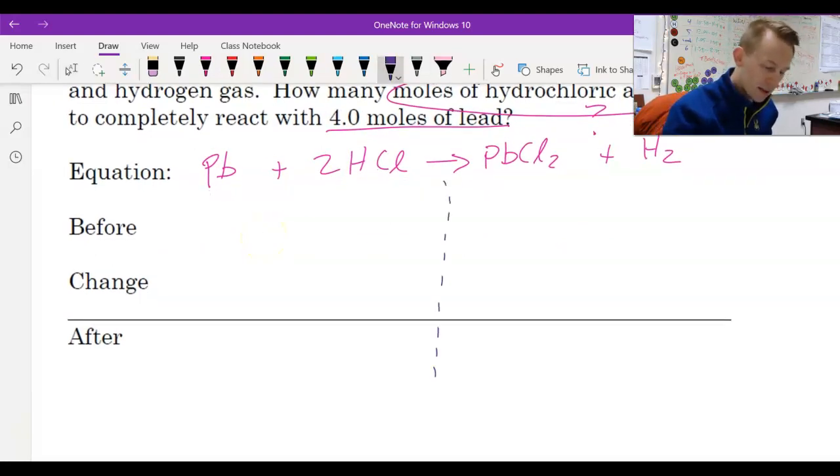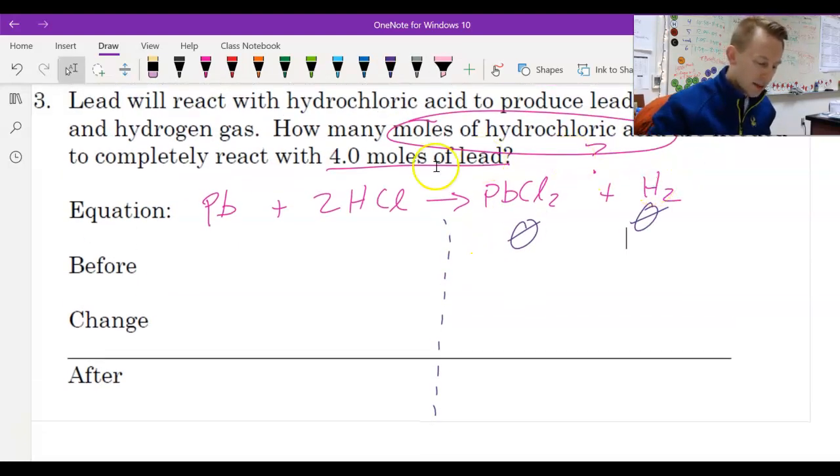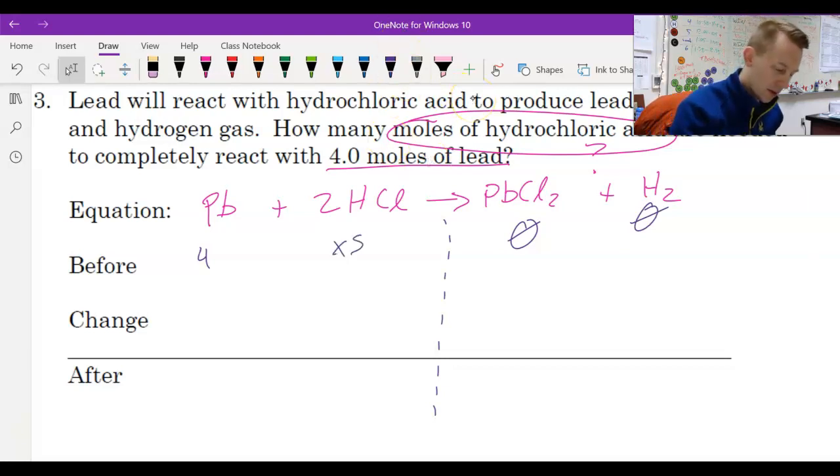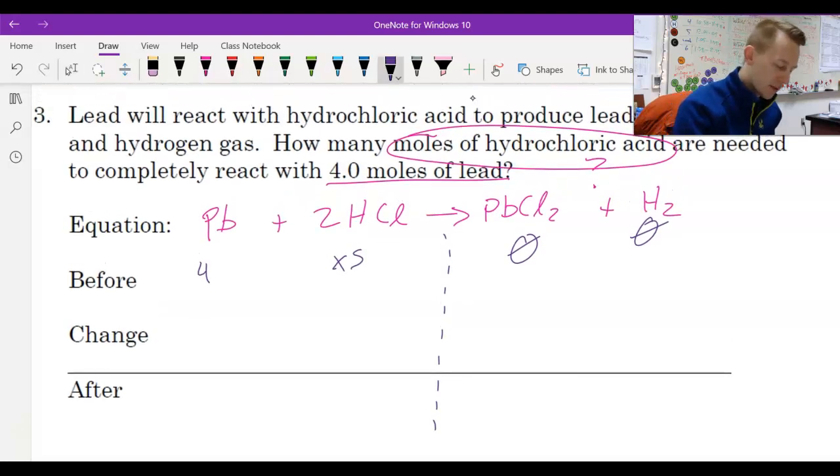Hopefully you at least attempted this, but you should have put your dashed line at the arrow, and you start with zero products always. It says we start with 4 moles of lead, so I'm going to put my 4 there. We do not know how much HCl it needs, so I'm just going to put excess there. Now, the first thing we do is take our given and divide it by its coefficient, which is 4 divided by 1, which equals 4.